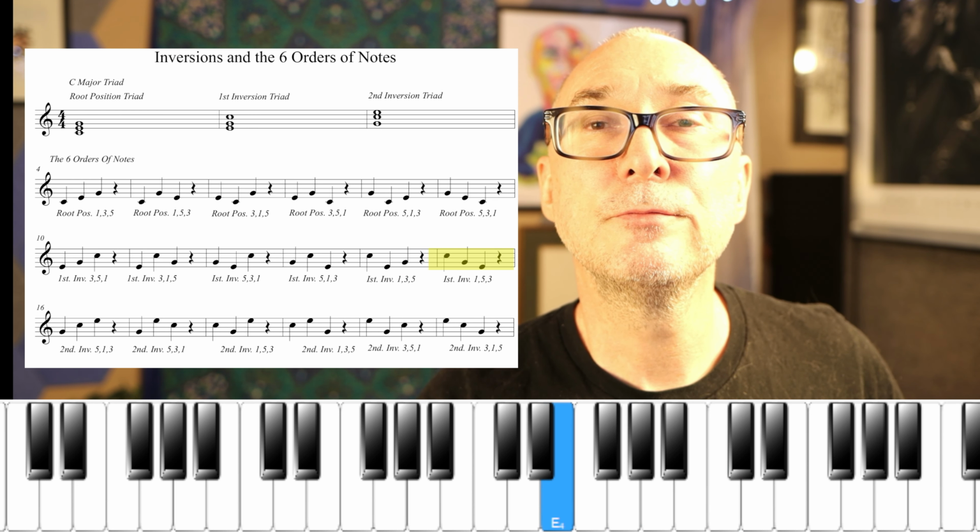We could take the triadic melody and put the 9 third. Or we could take the triadic melody and put the D last.